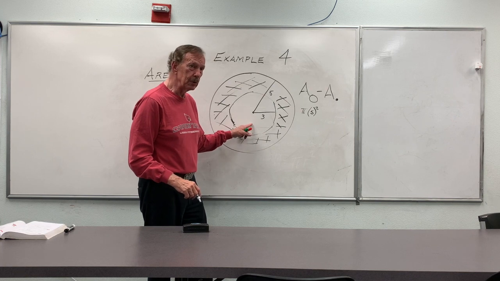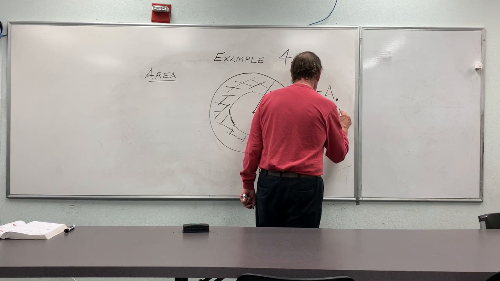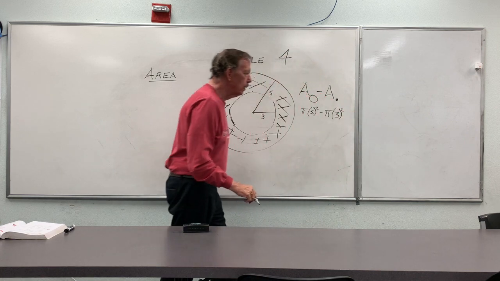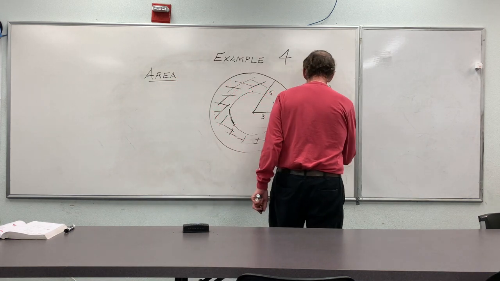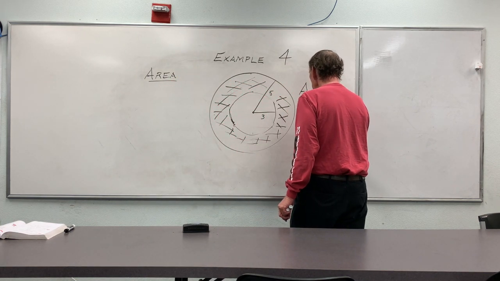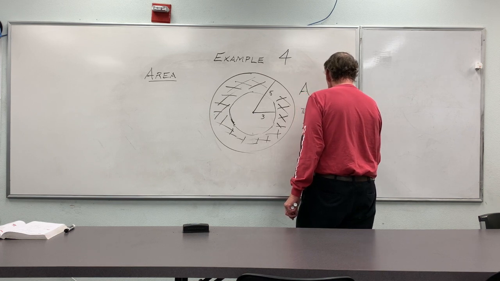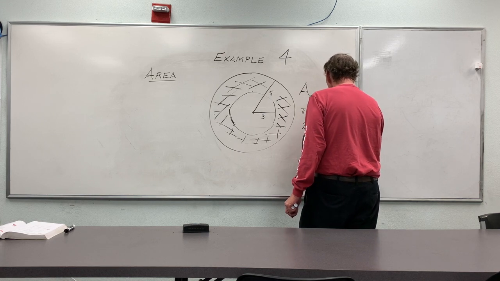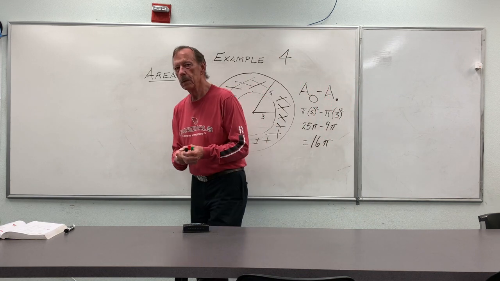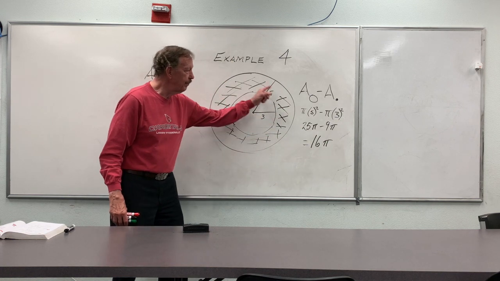The area of the small circle will be pi times 3 squared. 25 pi minus 9 pi gives us 16 pi, the area of the annulus.